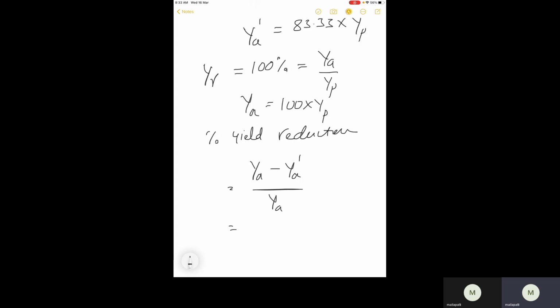Okay, so YA will be 100 into YP. I'm just going to take YP out. This is 83.33 into YP, divided by YA, which is 100 into YP.